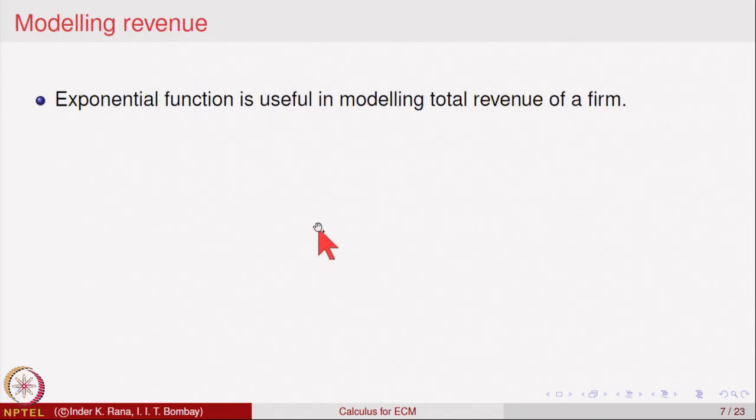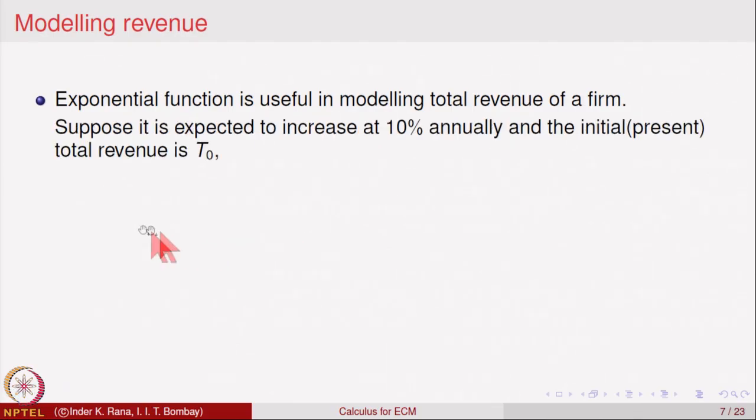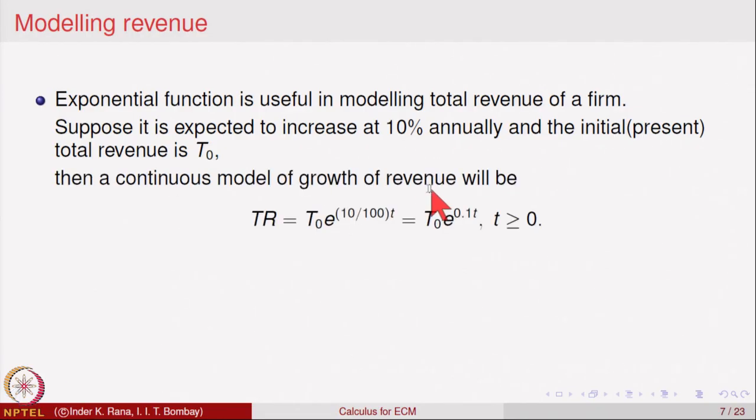So, you can also use it for modeling the total revenue of a firm. For example, let us look at an example. Suppose it is expected that the revenue of a firm increases at the rate of 10% annually. So, the revenue of a company or a firm is increasing at 10% annually, and the initial total revenue, say when you start observing, is T 0.